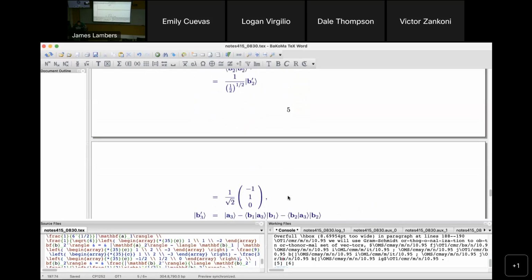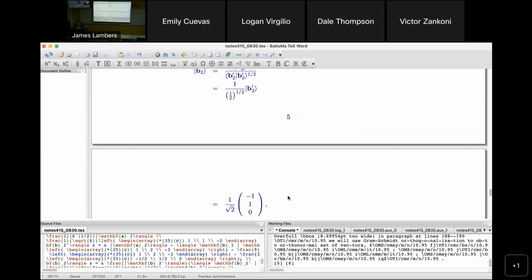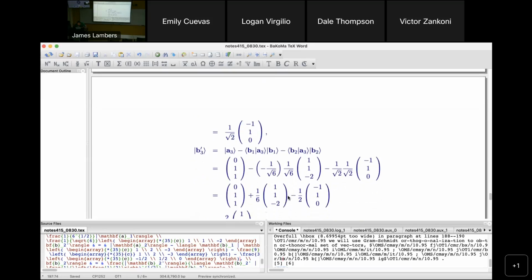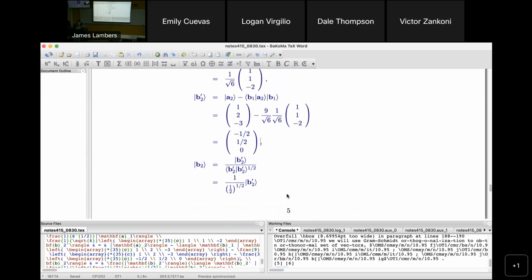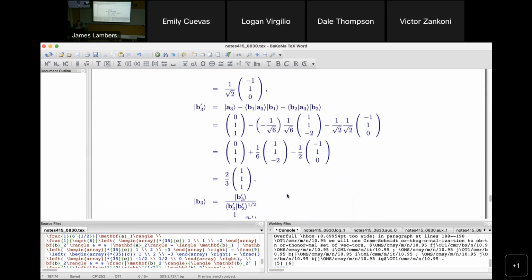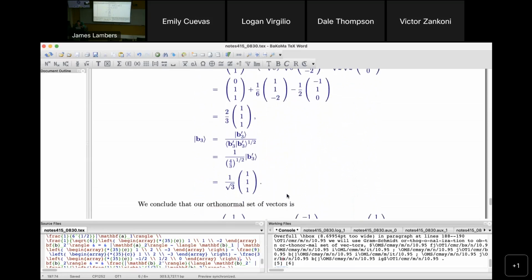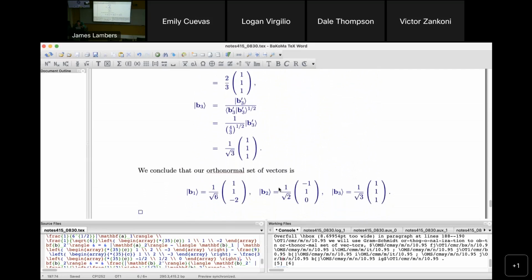Something seems strange here. Sorry. All of these vectors, yeah, they are orthogonal to each other.